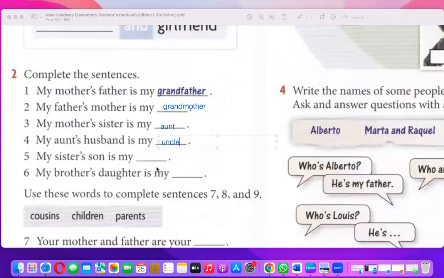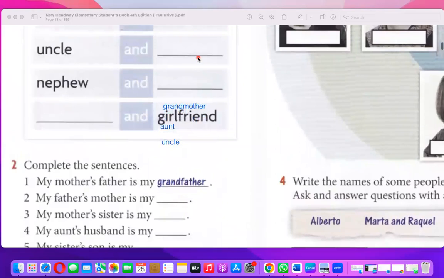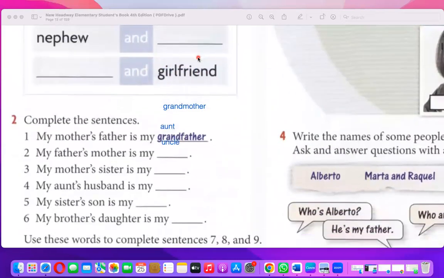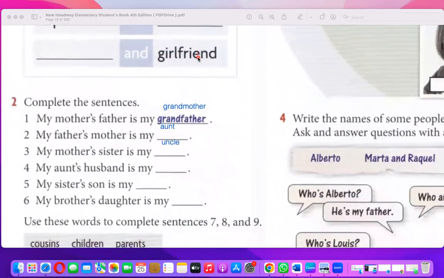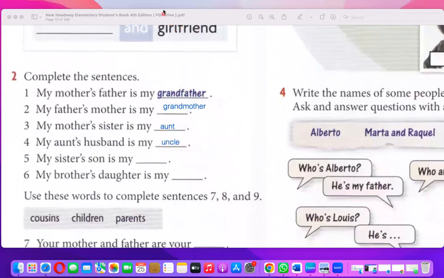My sister's son. The son of my sister is nephew. Nephew or niece. What's the difference between nephew and niece? The son of the brother, not the son of the sister. The male is nephew, the female is niece. Okay?